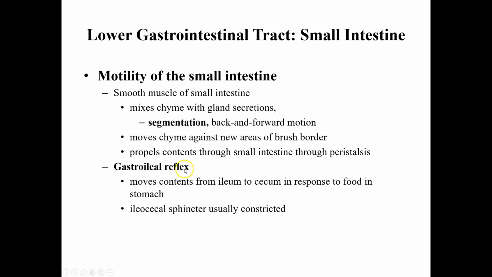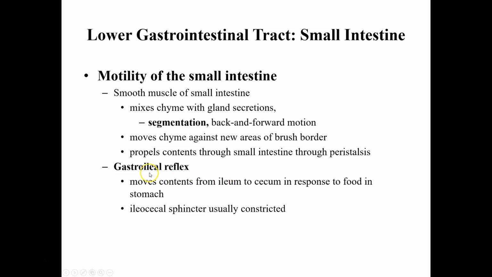The gastroileal reflex is a reflex that occurs when more materials have entered the stomach. So if you eat breakfast, say at 7 in the morning, then around noon or 1 you're putting something into your stomach for lunch. The breakfast material that you ate is now in the small intestines.